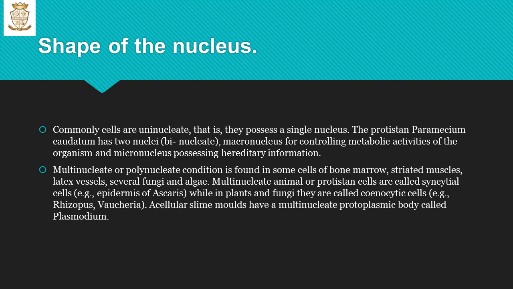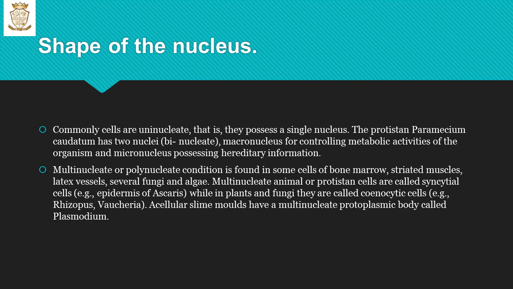Usually a cell is uninucleated and possesses a single nucleus. Paramecium has two nuclei: macronucleus, controlling metabolic activities, and micronucleus, possessing hereditary information. A multinucleated or polynucleated condition is found in some cells of bone marrow, striated muscles, several fungi, algae, latex vessels.